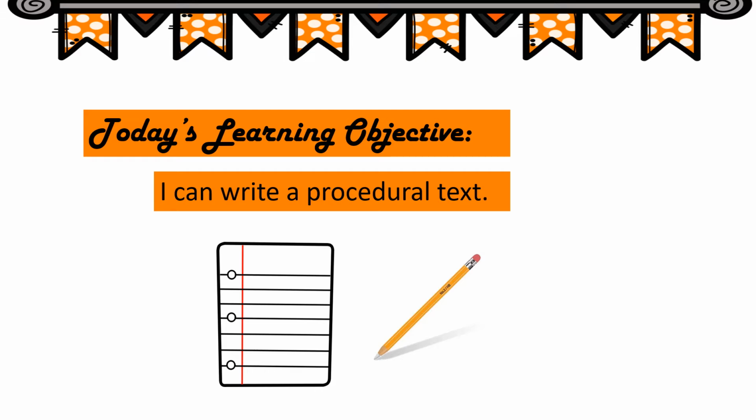So let's try that. I can write a procedural text. That way they know exactly what is expected of them today. So make sure you get your paper and your pencil and turn on your brains and let's get started.